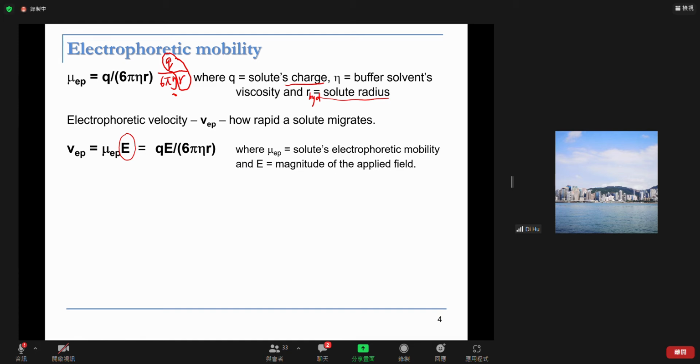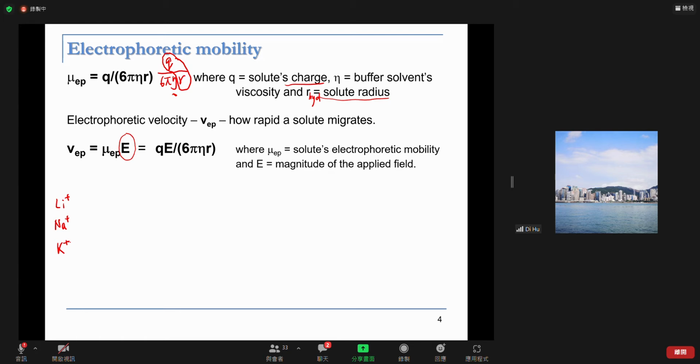So for capillary electrophoresis, let's just look at one single group of compounds, the alkali metals. Let's talk about lithium, sodium, and potassium first. It makes things easier.